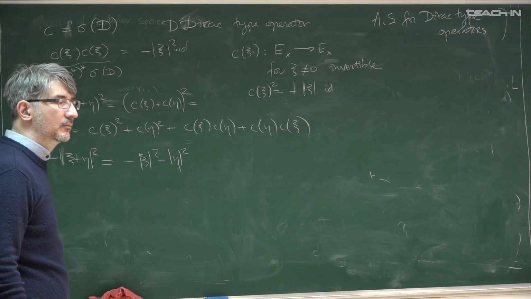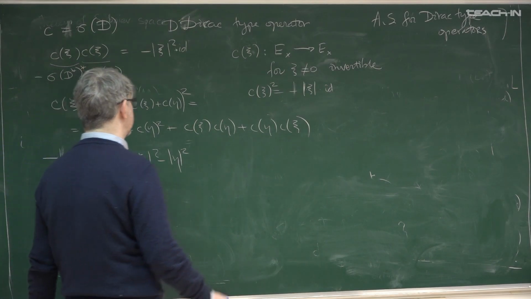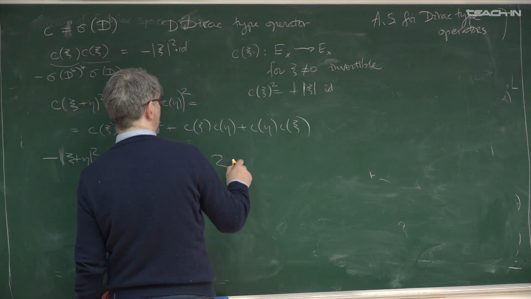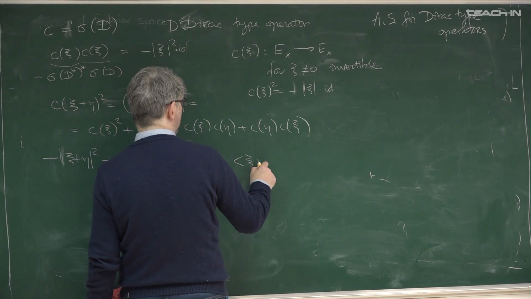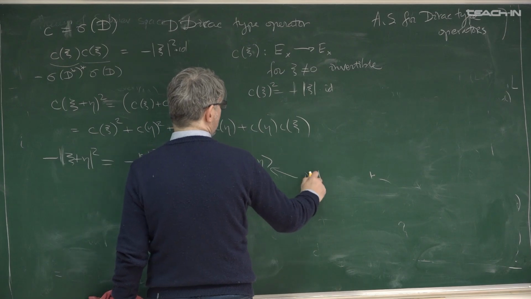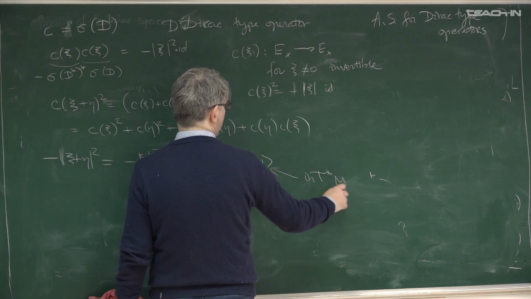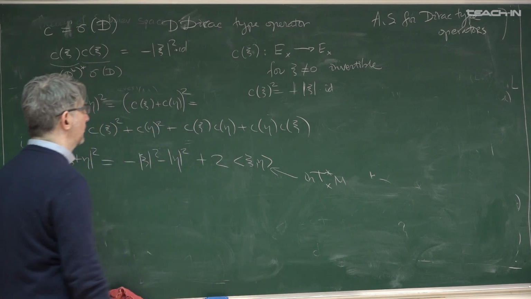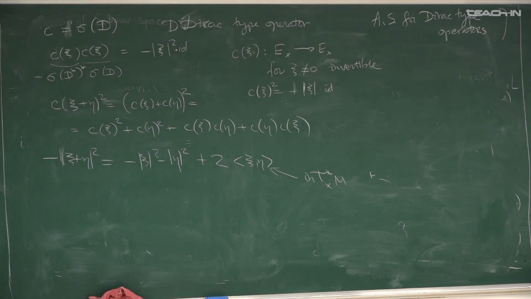Something like scalar product. Yes, exactly. Two scalar products of xi and eta. So this scalar product is calculated in the cotangent vector space over the point x. Okay, so we arrived at some very specific formula.